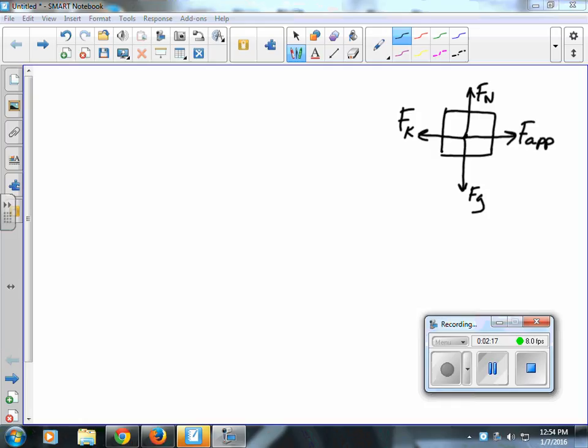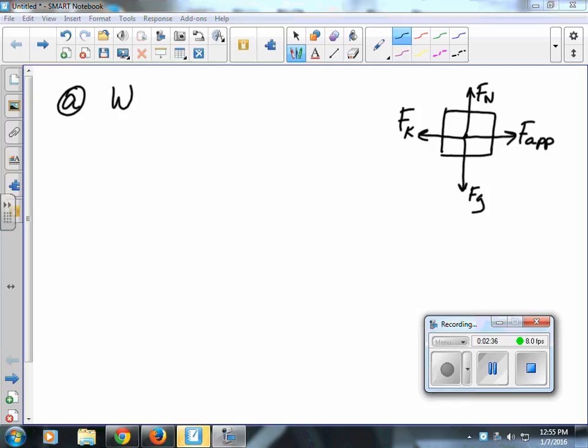Okay, we started on A yesterday, but the bell was ringing. So let's just back up from the beginning. How much work is done by the worker on the crate?